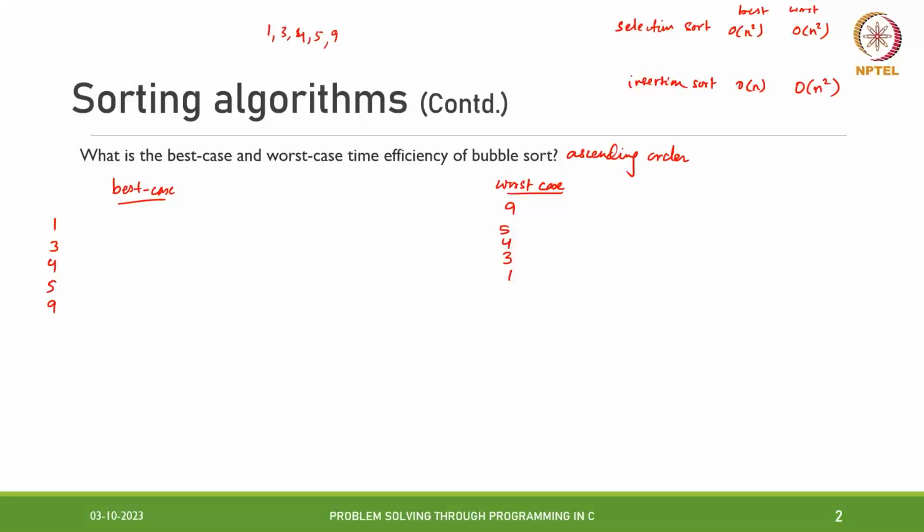Okay, probably it will be better if I start from the worst case so that you can see the bubble sort working. So first I compare 9 and 5 and I switch them because I find out that 9 is greater than 5, so we just put the heavier element down. So that will lead to something like this: 3 and 1.